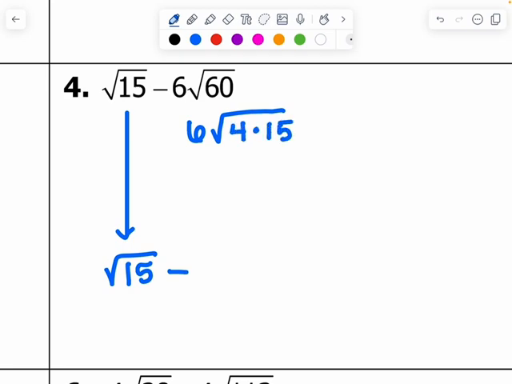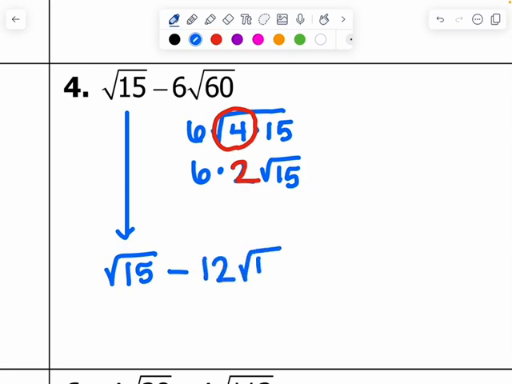Well, the square root of 4 is 2. So I take the square root of 4, it becomes 2. So now I have 6 times 2 radical 15, which is going to give us 12 radical 15.